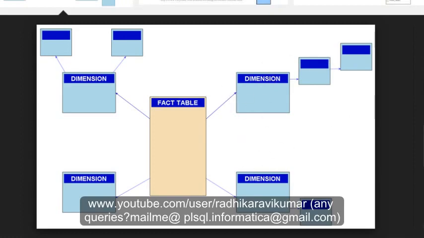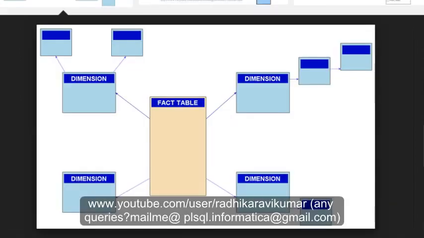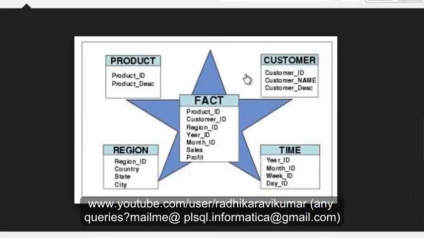That is the difference between star and snowflake schema. Also, the fact table contains all the primary keys of the dimensional tables, and these become foreign keys in the fact table. That is another point you need to remember.